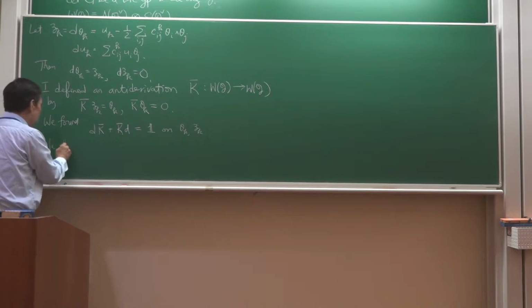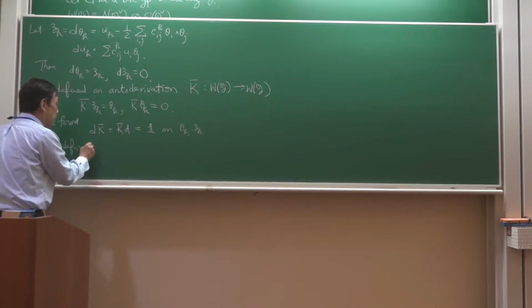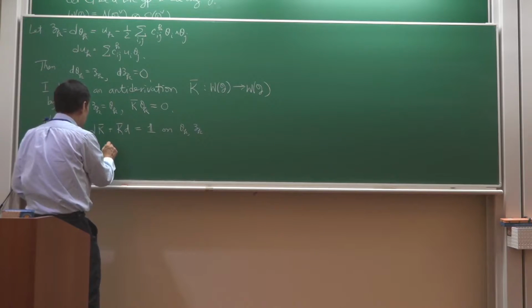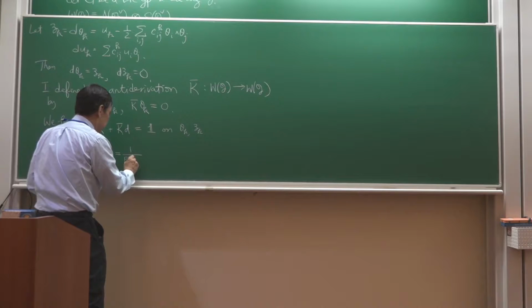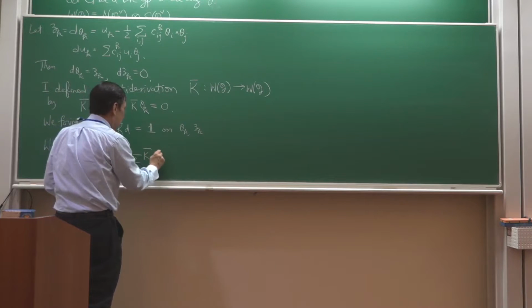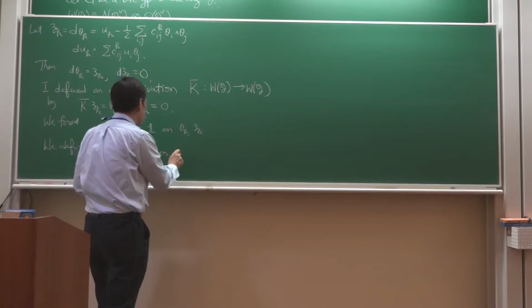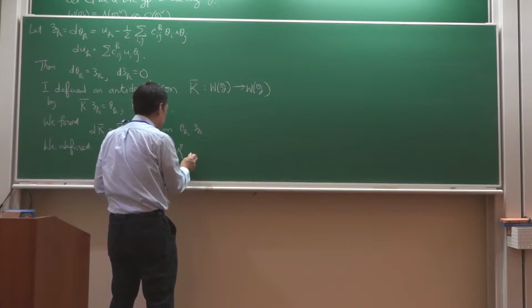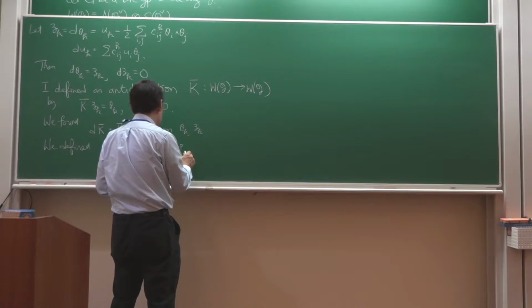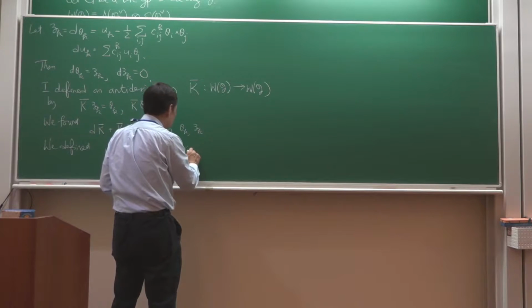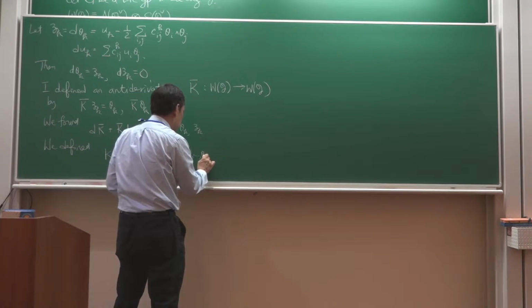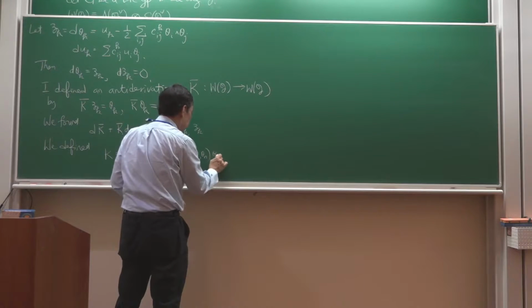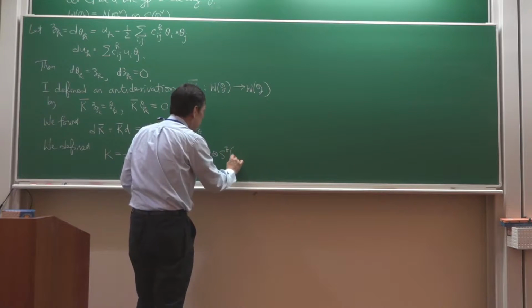And then I defined k to be 1 over p plus q times k bar on lambda p generated by theta 1 to theta n, tensor S^q.